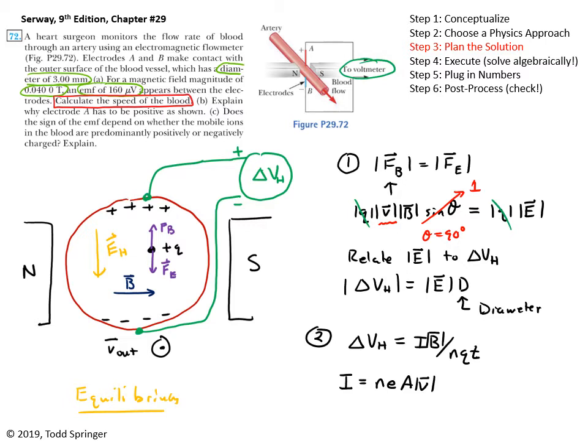So the second approach would be to try and do this. I'm going to use approach 1, and then at the end I'll come back and talk about approach 2, because there's a subtlety there that approach 2 actually will not work. So we'll proceed with approach 1 and then we'll come back to approach 2 later.